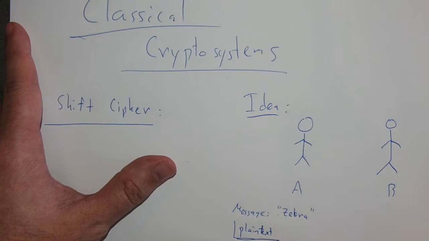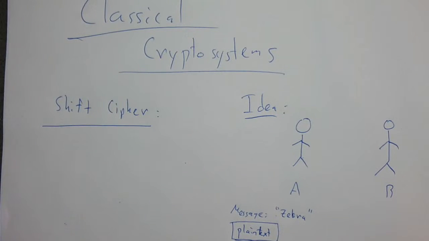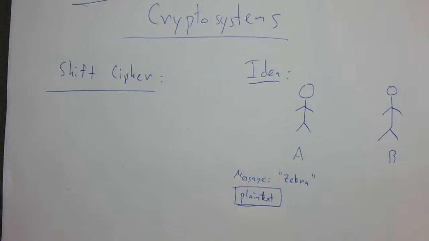This is the actual message that I hope to pass on. Now, of course, if I just pass person B a note, or if I attempt to throw them the note from across the room or something, anyone who intercepts it will be able to read it. If I just have written zebra on a piece of paper, anyone who intercepts that will be able to read zebra. So my message will be fully readable by anyone who intercepts it, right?